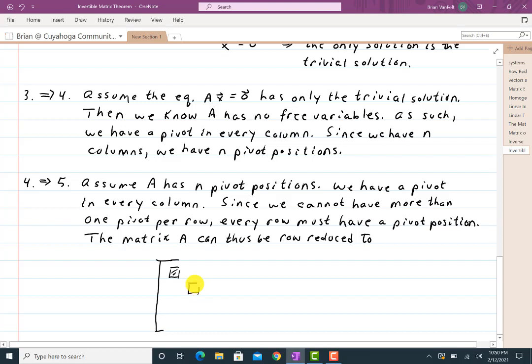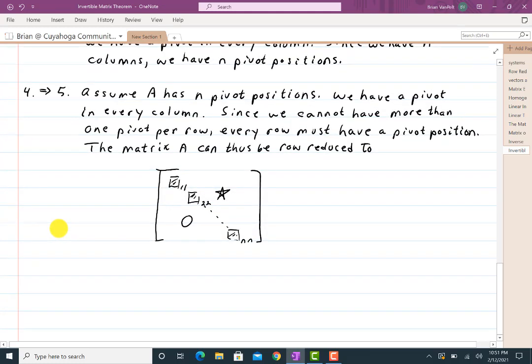And then the way the pivots have to work, since you got one per row and one per column, that means they have to go down in a diagonal fashion, like so. So this has to be the 1-1 position, this has to be the 2-2 position, this has to be the n position. We have star above and that below. So that is what A looks like.